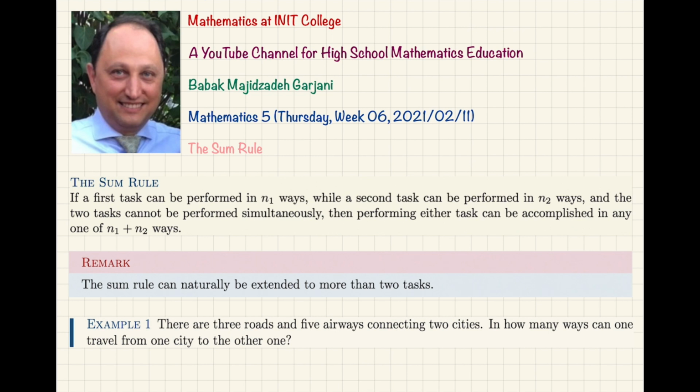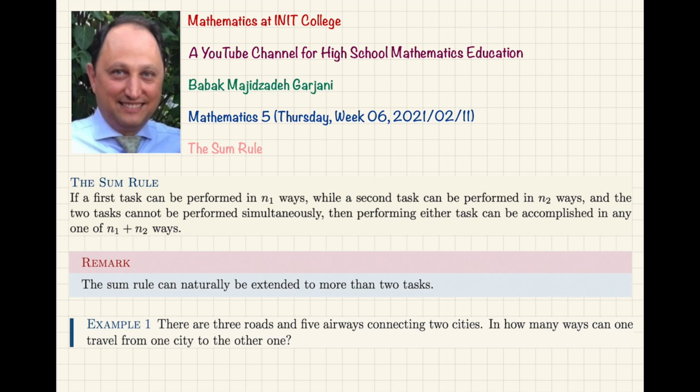Then if I want to know in total how many ways I can do either this task or that task, and I know that these tasks cannot be performed simultaneously, then there are n1 plus n2 ways to do this.